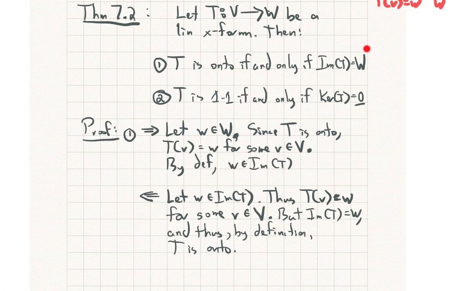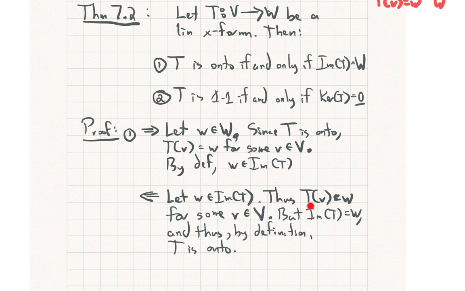And the other way, let's assume that the image of our linear transformation is everything in our codomain. So if we're assuming that, we're going to pick something in the image. What does that mean? Well, if it's in the image, that means that there's some element v that gets transformed into w.